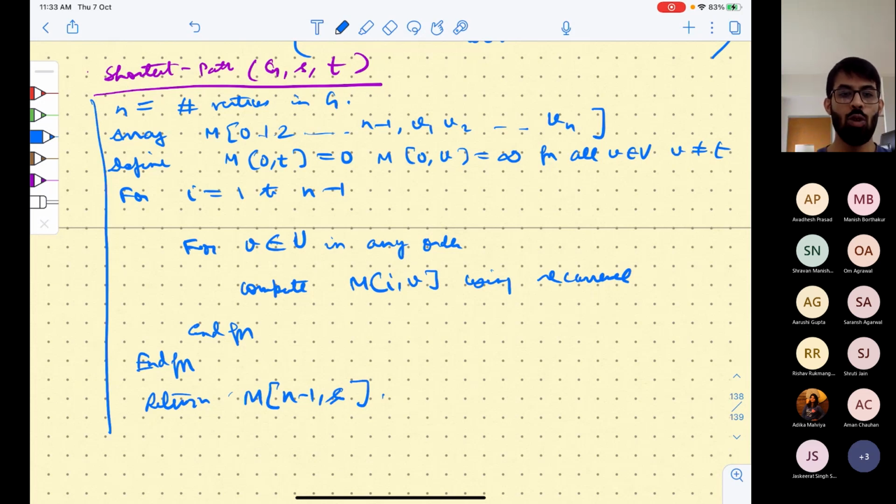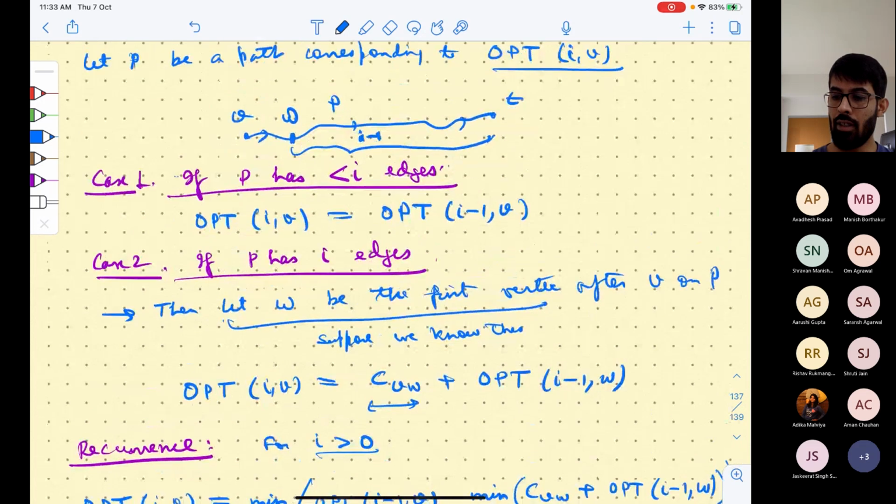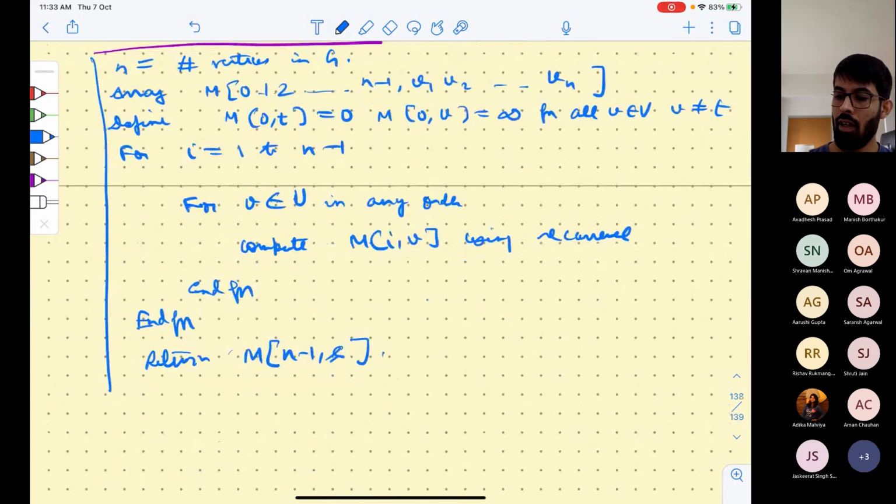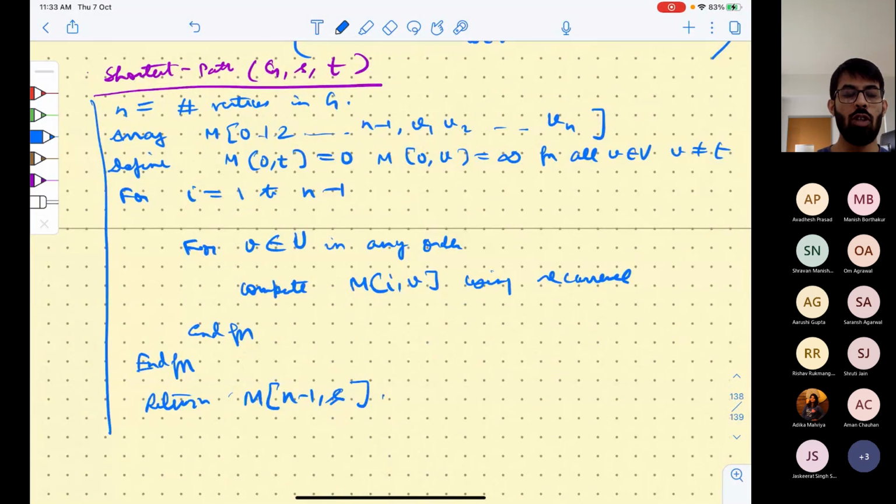Then update those values, and using those values, update the values for higher values of I, and that uses the recurrence that we have come up with. Any questions about what the algorithm is doing?